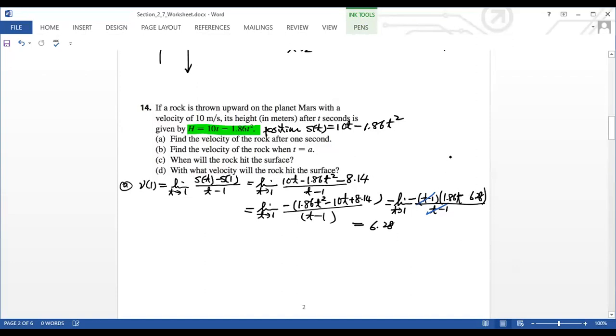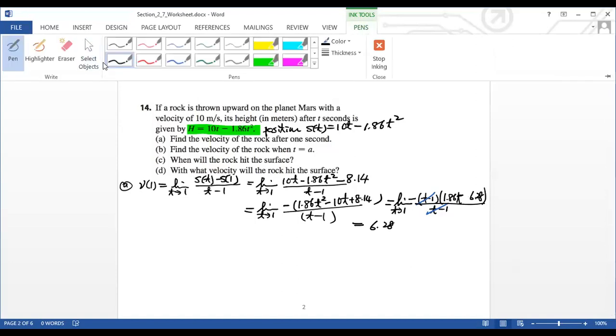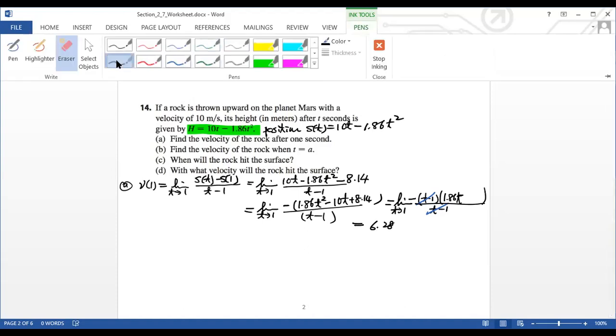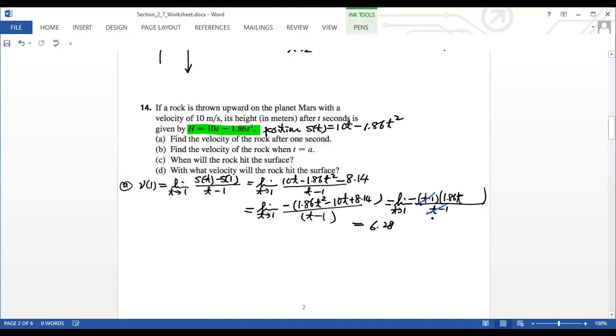This 1.86t, and here instead of 6.28, I just need to be careful about my algebra. So this will be minus 8.14. So yes, here I got 6.28 meters per second, right?